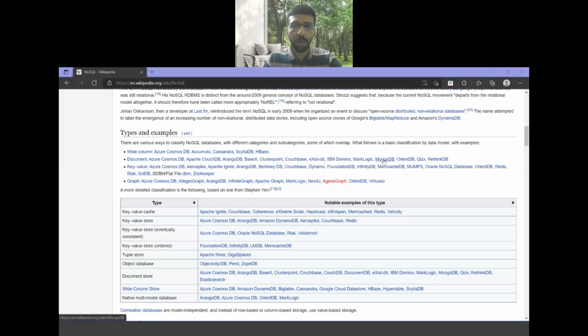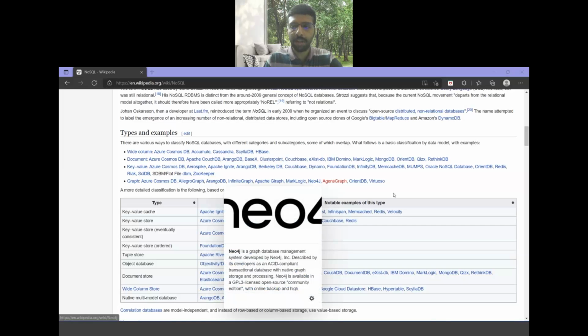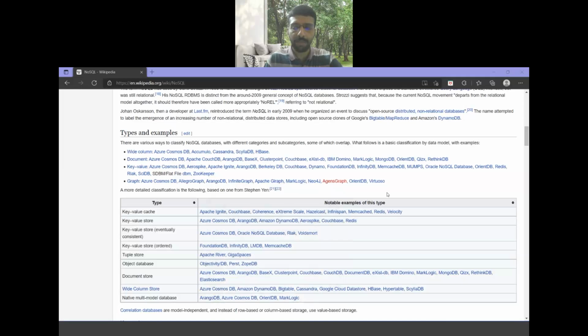For document we will be covering MongoDB, which is the first. For key value we will be covering Redis, which is again the first in that category. And for graph databases we will be covering Neo4j. So these five are the top one or two in the corresponding sections used all over the world.